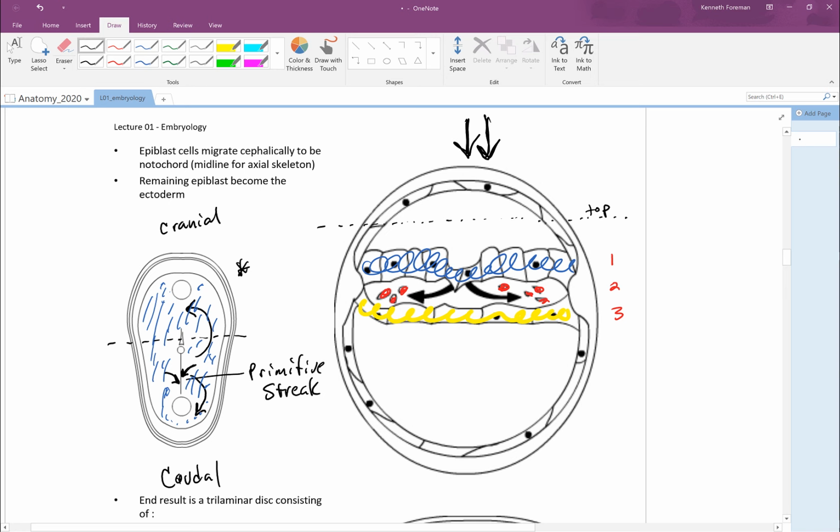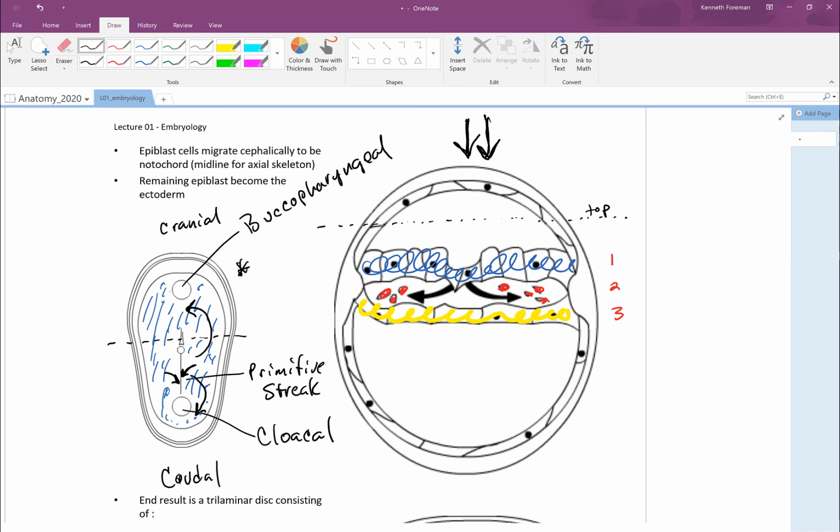Now there's 2 points here. One is called the buccopharyngeal membrane, and the cloacal membrane. The buccopharyngeal membrane basically is where the mouth will be, and the cloacal is where the urogenital system is going to remain.